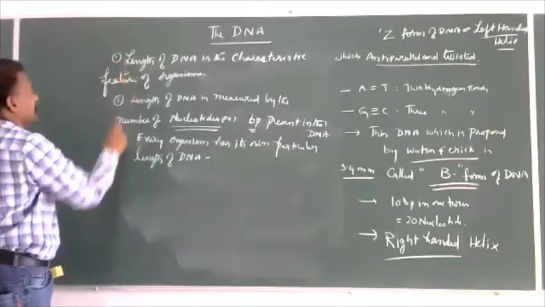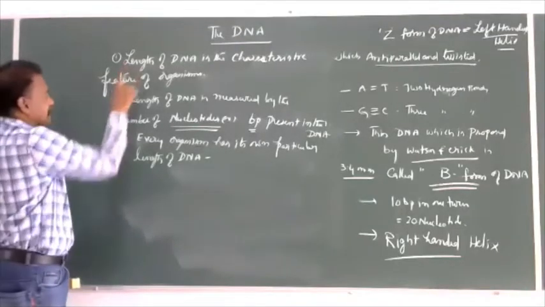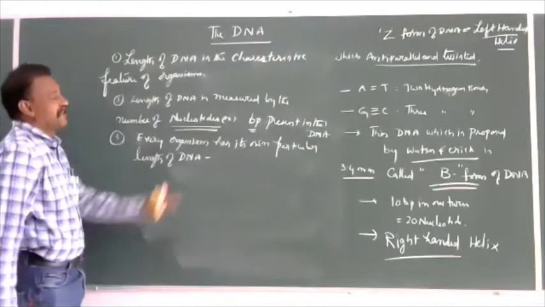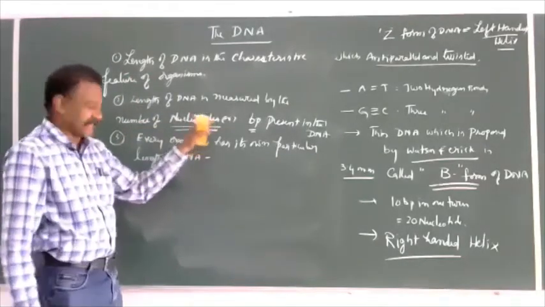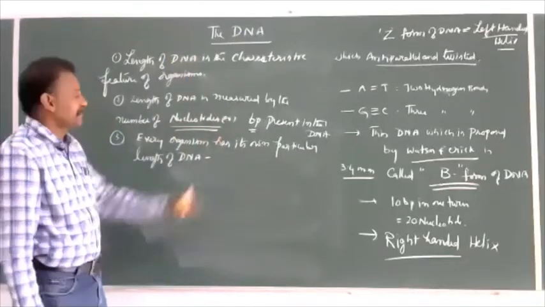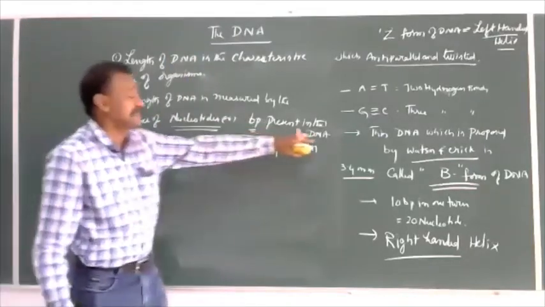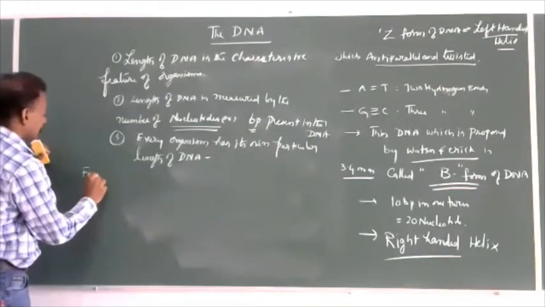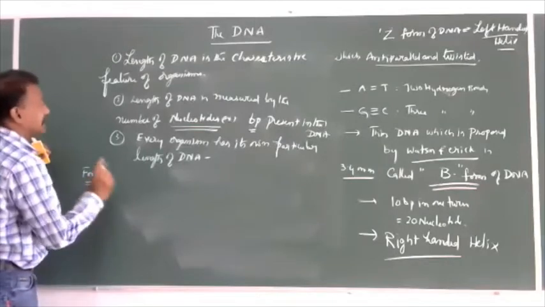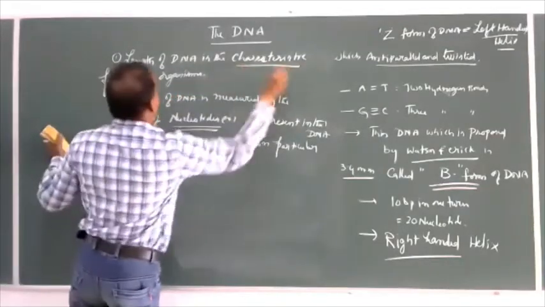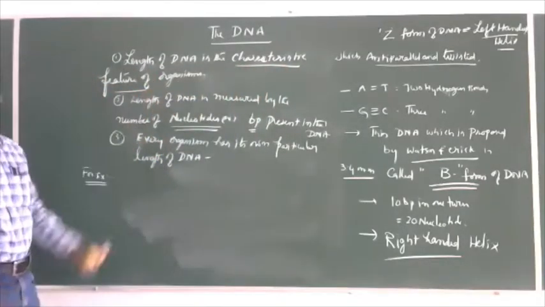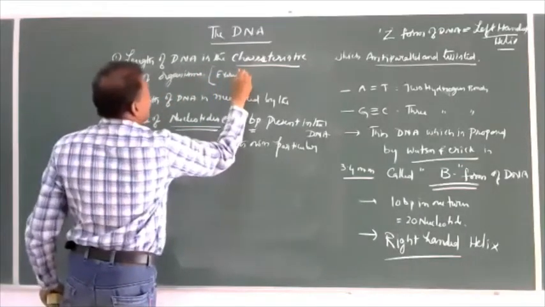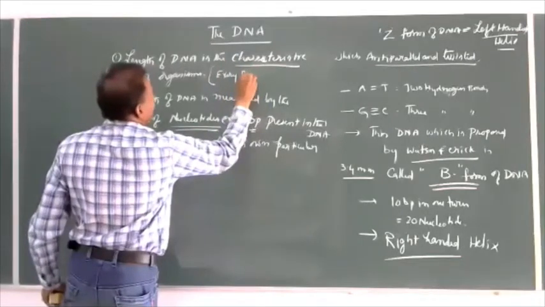So they can ask assertion and reason, or they can ask to choose the correct statements. Length of DNA is measured by the number of nucleotides present in the DNA or base pairs present in the DNA.